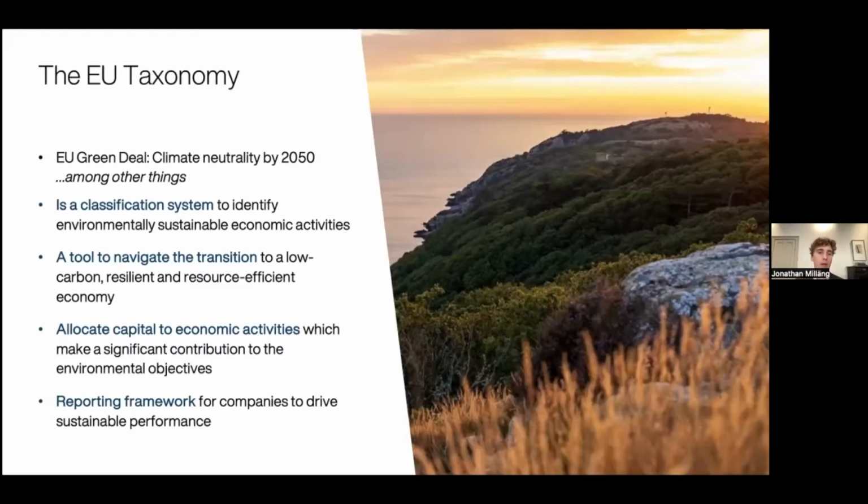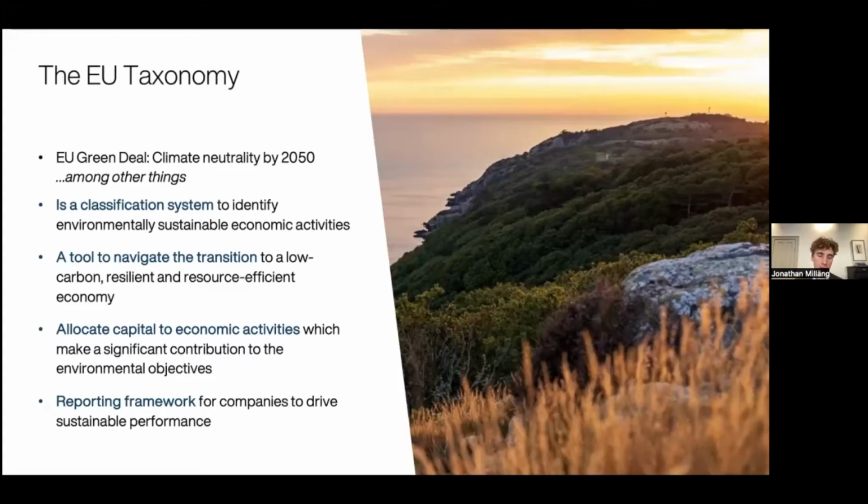What level of impact on biodiversity can we tolerate from clothing and retail? So it's a classification system that is bringing us to the goal of climate neutrality by 2050. And it is incentivizing companies to align their economic activities with the EU taxonomy so that they are on track to be a part of contributing to climate neutrality by 2050.